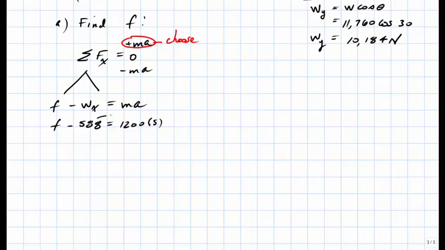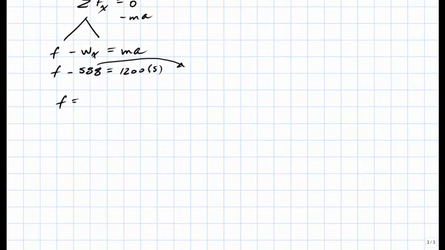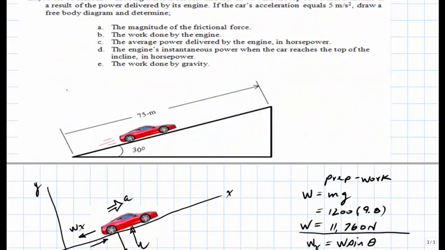If we transfer the 5880 to the other side and calculate the right-hand side, the value of friction equals 11,880 newtons. In part B, we would like to determine the work done by the engine.